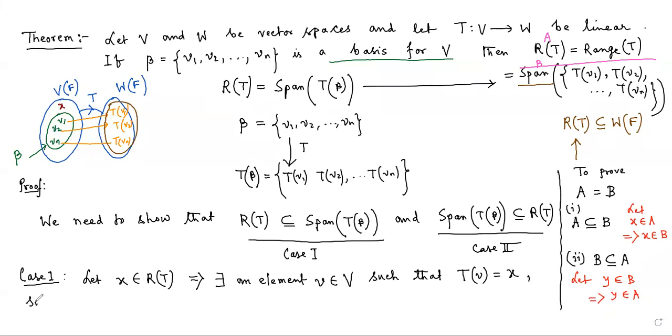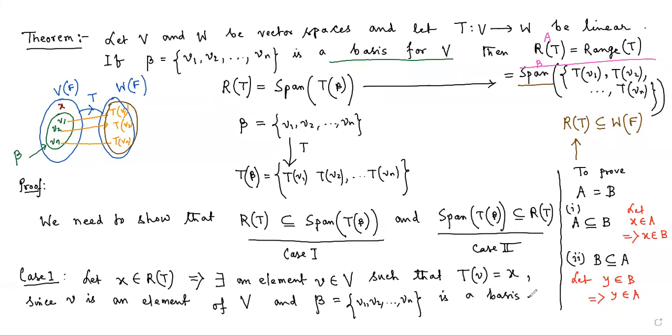Since V is an element of the vector space capital V, and beta, containing the elements V1, V2, ..., Vn, is a basis of capital V, it is quite obvious that we can express this element V as a linear combination of these elements V1, V2, ..., Vn.